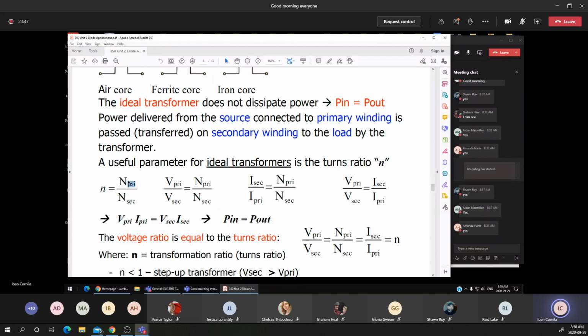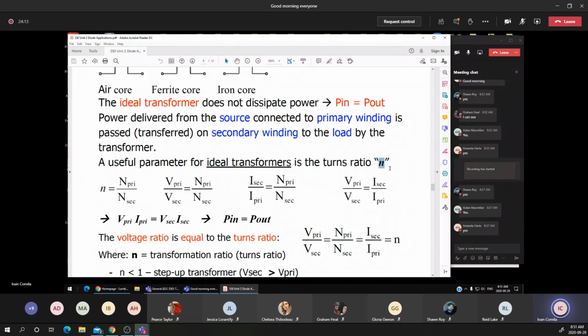Now, the ratio of the two windings, the number of turns in the primary winding and the number of turns in the secondary winding, can be defined as the turn ratio. Most of the time, the turn ratio has the symbol of lowercase m. In some other textbooks, you may see the turn ratio as alpha.